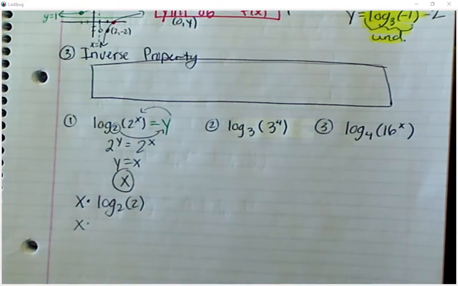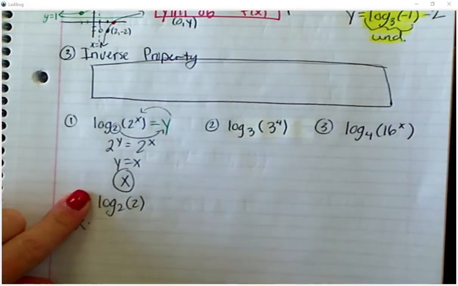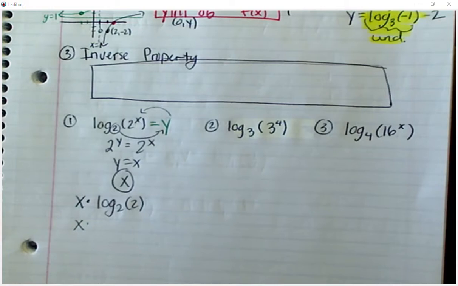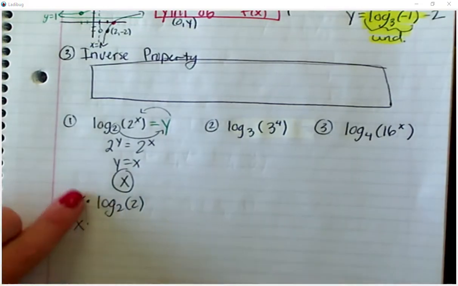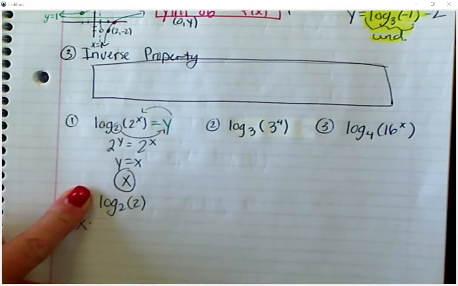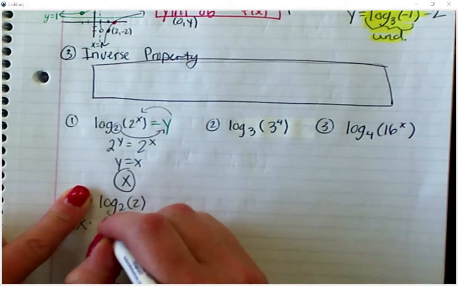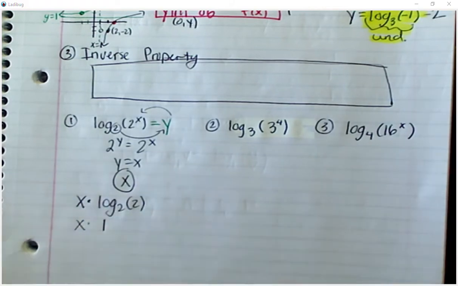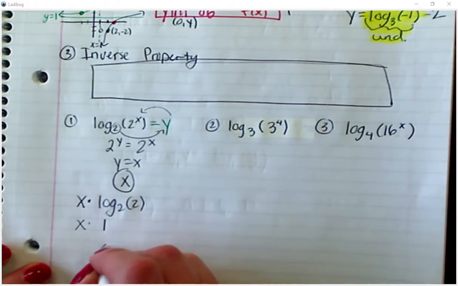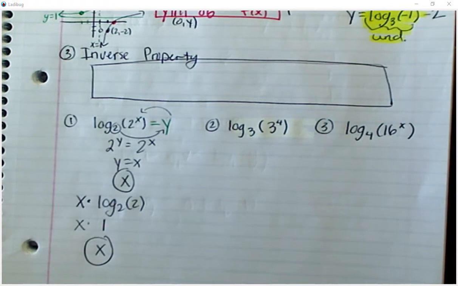Log base 2 of 2 is equal to 1? Yes? Okay, maybe do some jumping jacks. Log base 2 of 2 equals 1? Yes? I don't think everyone agrees yet. Yeah? Okay. X.